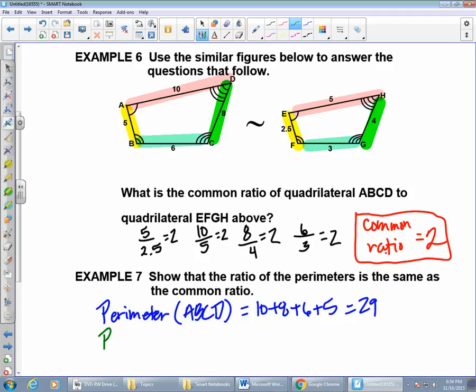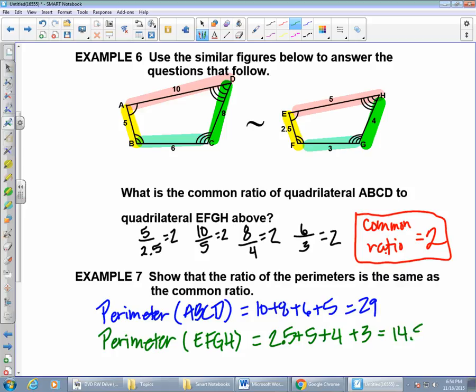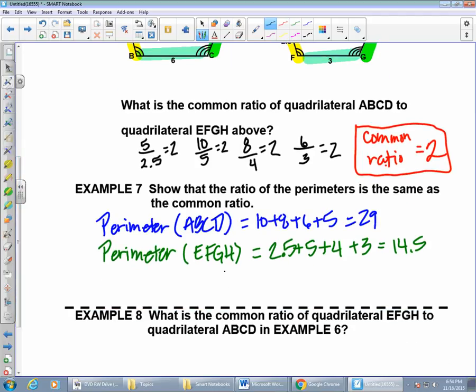The perimeter of the smaller polygon, EFGH, is 2.5 plus 5 plus 4 plus 3, which is 14.5. Now 29 divided by 14.5 is equal to 2.